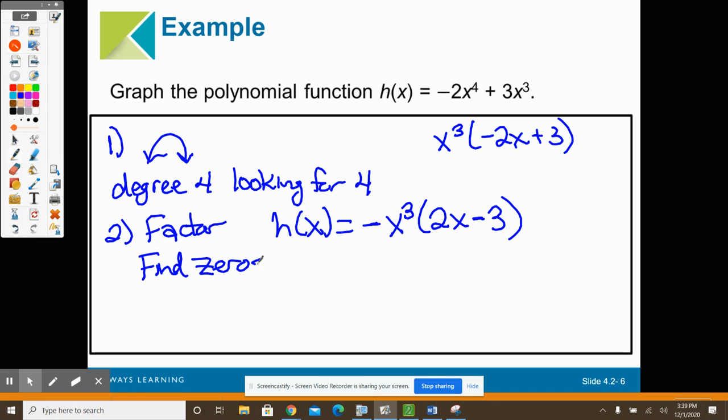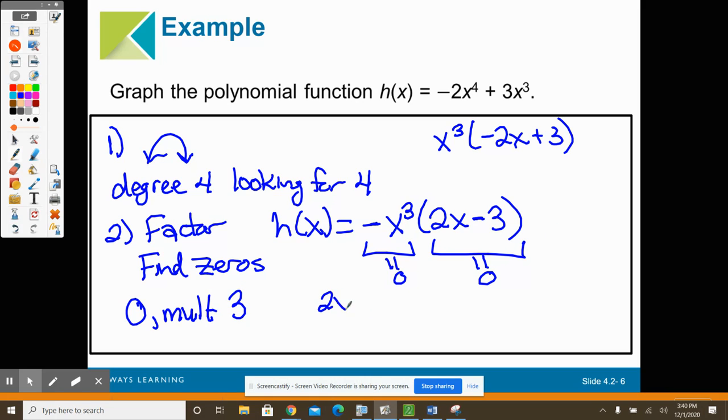So what are my zeros? Well, this first guy or this guy has to equal 0, remember? So my first zero is 0, but that is multiplicity 3. And my next guy would have to solve 2x minus 3 equals 0. Add 3, divide by 2.